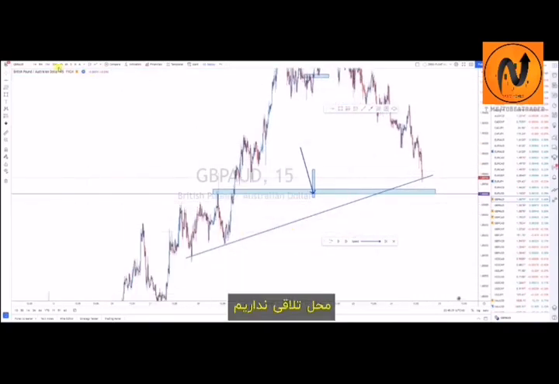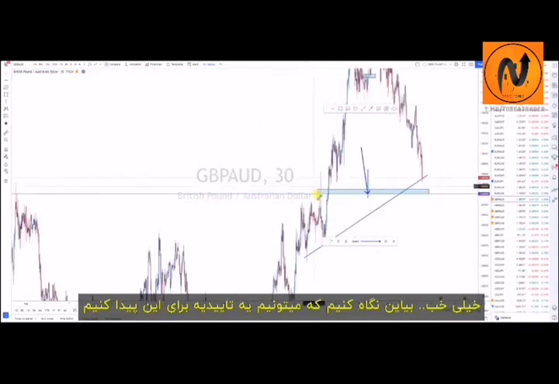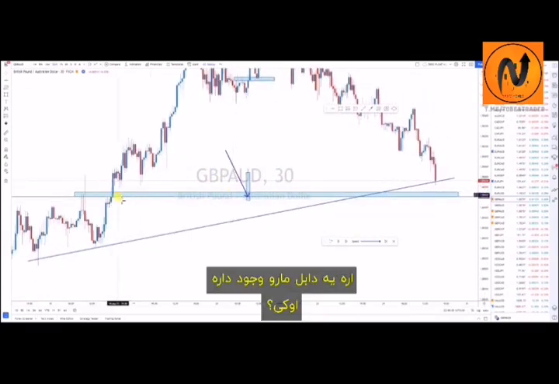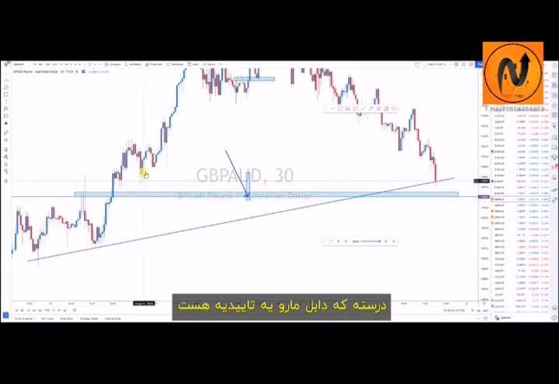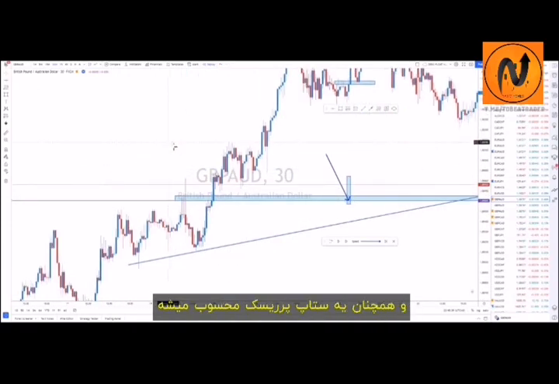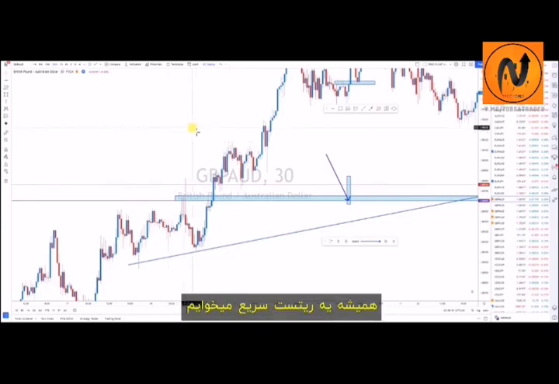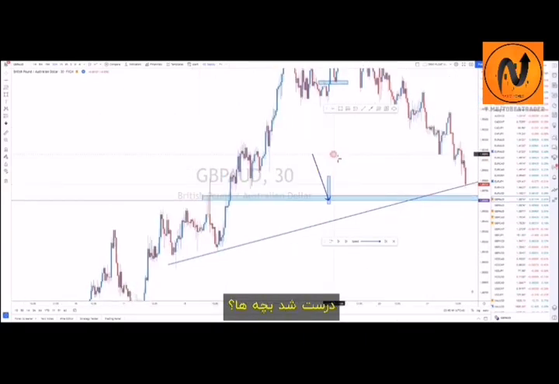Let's look if we can find any confirmation for this. Yes, there is a double maru. But a double maru confirmation with price coming back very late is also considered high risk. We want a quick retest. Remember, it's always a quick retest. If we have a trend line, it must be within the confluence. Okay guys, so I think that is all.